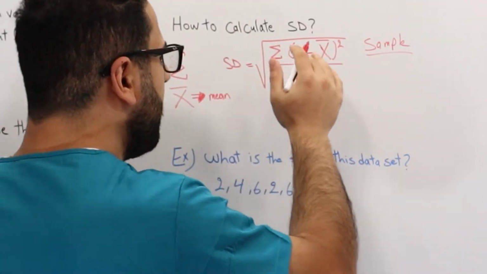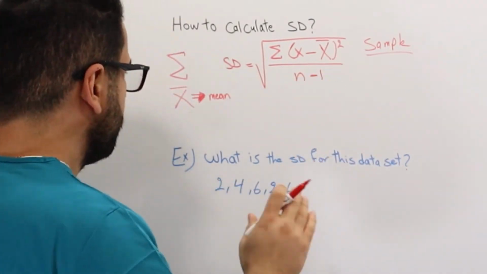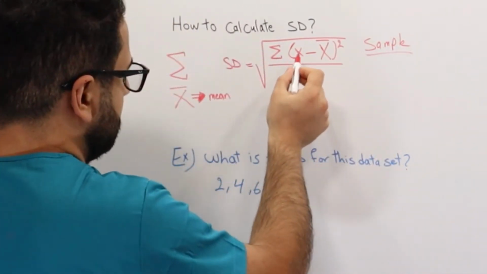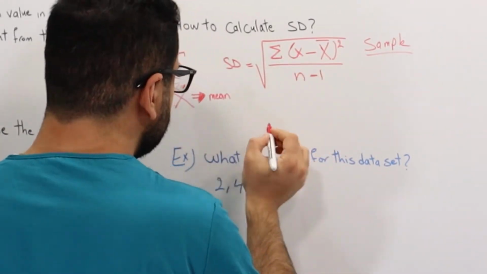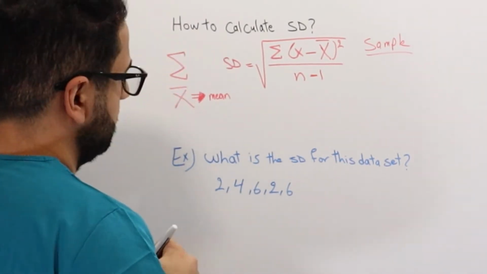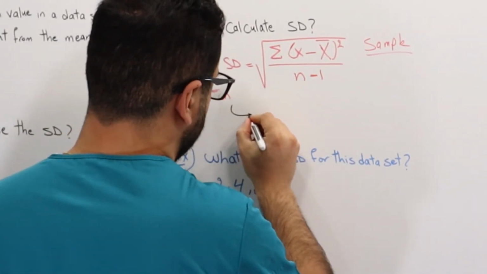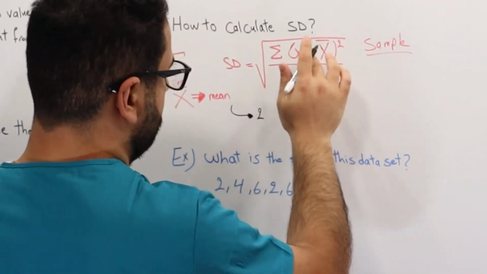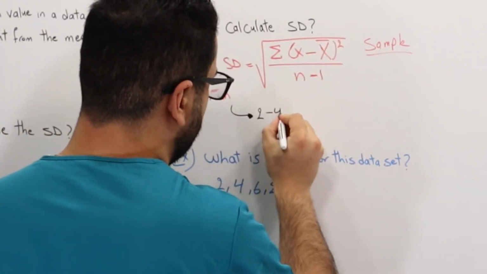Now, why do I have a square over there? Let's take an example. Let's say the data point is 2, and the mean is 4.